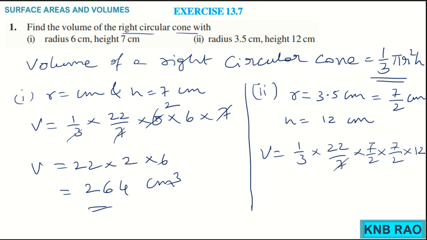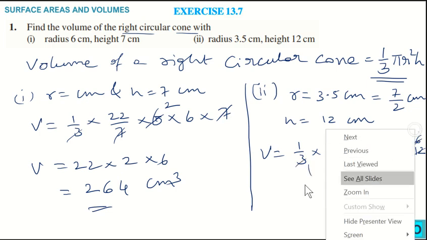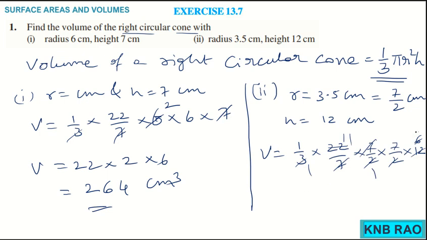So 7 ones are 7, and 2 ones are 2, 2 elevens are 22, and 2 sixes are 12, 3 ones are 3, and 3 fours are 12. So the product we have to multiply is 11 into 7 into 2. It is 154 centimeter cube, which will be the volume.